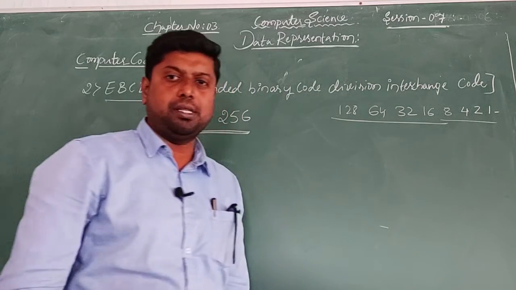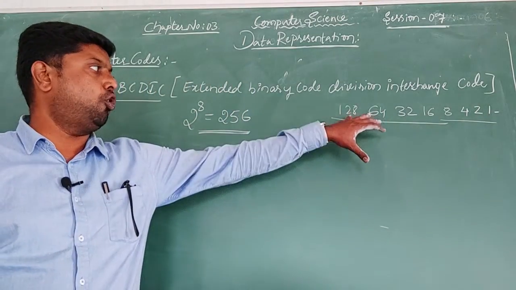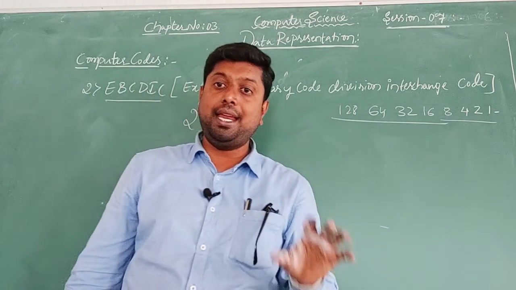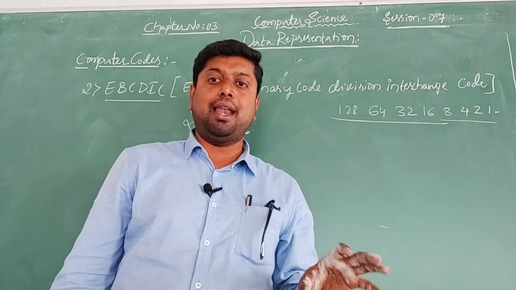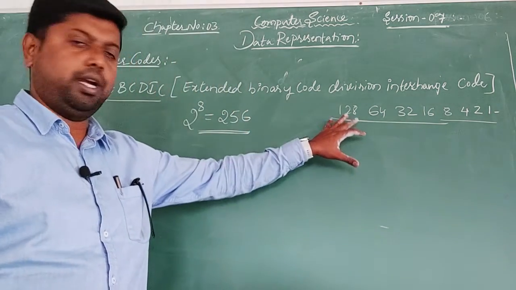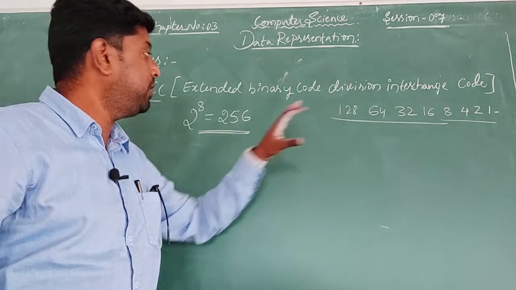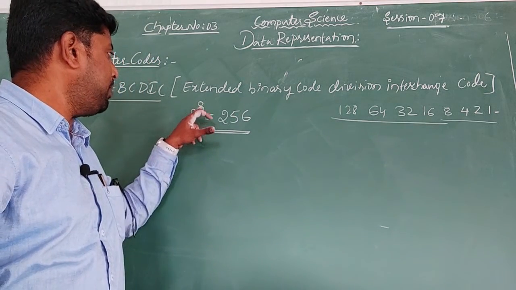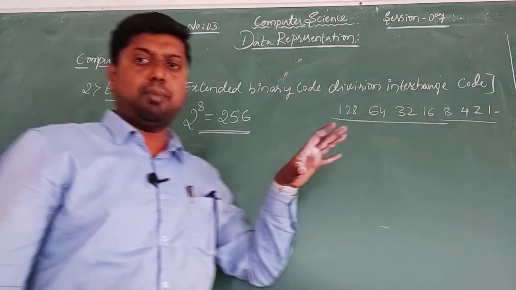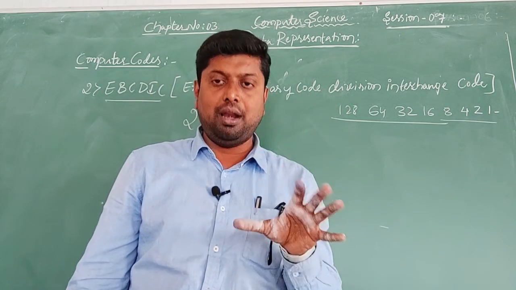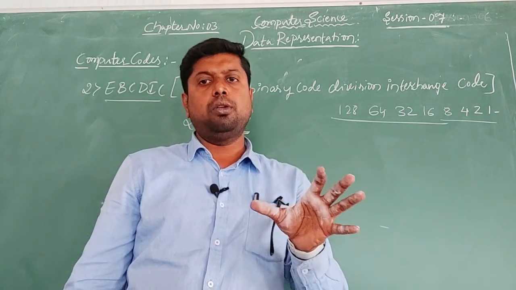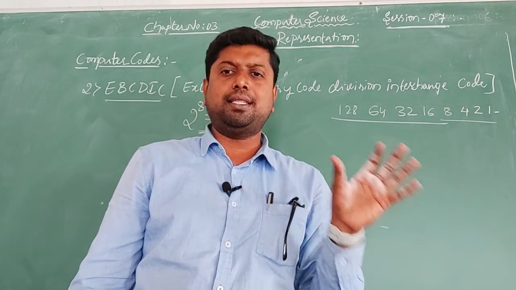We have multiples of 2. Yes, by this code we have a chance to write any number of binary digits with the help of the binary coded decimal like this. This type of code is what we call 2 to the power of 8 digit. A maximum of 256 digits are possible to write in the code. So this is an example for EBCDIC.